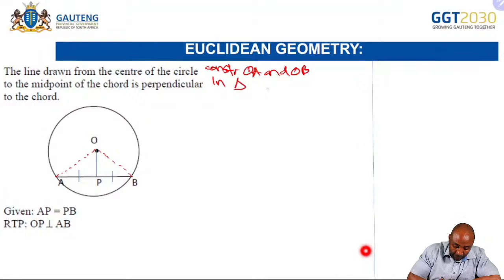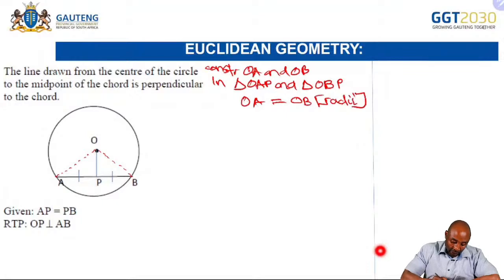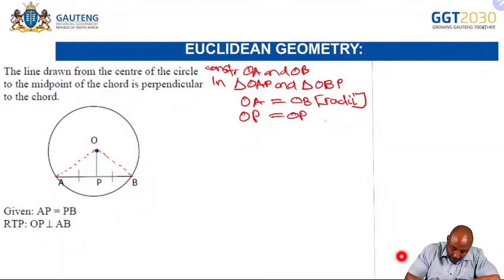In triangle OAP and triangle OBP, OA is equal to OB. This is a radii. OP is equal to OP.